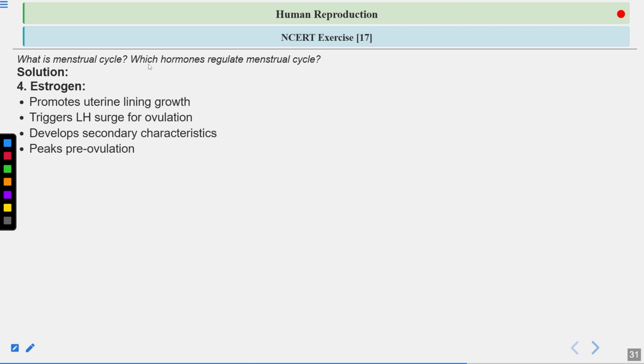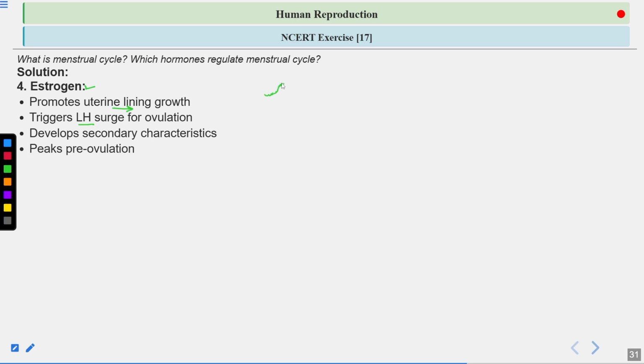Then estrogen helps in the regeneration of the uterine wall during the follicular phase. Again, if the level of estrogen increases above the threshold value, then it causes the release of FSH and LH from the anterior pituitary. So follicles were developing, and these follicles were secreting estrogen. So the estrogen level slowly rises.